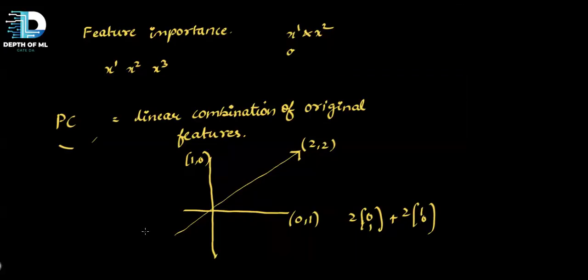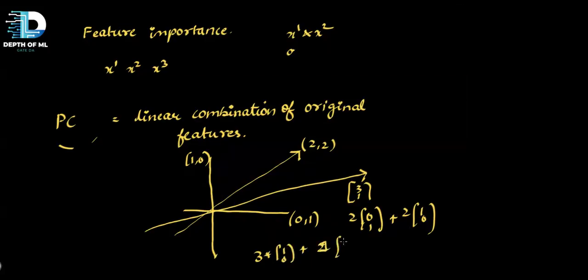Now suppose my eigenvector or my principal component was like this, and say this vector was 3, 1. I'm just taking an example, so this might not be orthonormal. This new principal component, 3, 1, is 3 times 1, 0 plus 1 times 0, 1.